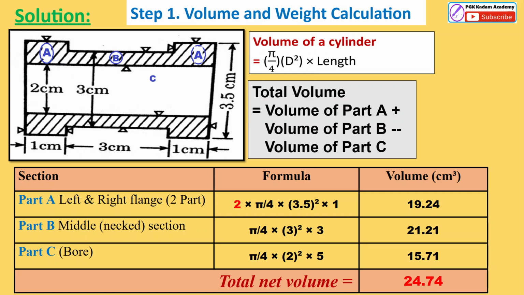Next is to find out the total net volume. How can we find the total net volume? Volume of A plus volume of B minus volume of part C. Value 4.